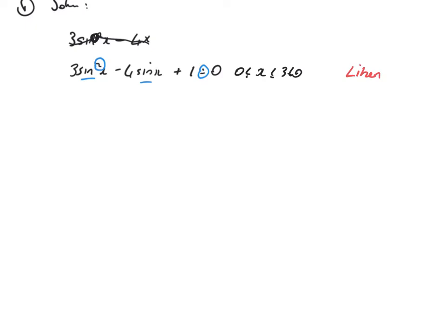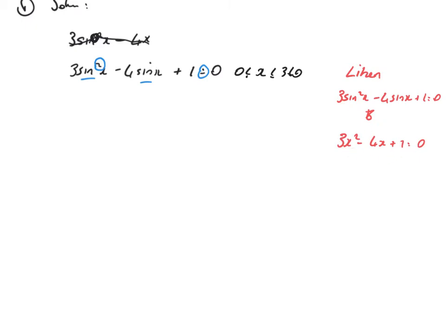Now what I'm going to do is liken 3 sin squared x minus 4 sin x plus 1 equals 0 to 3x squared minus 4x plus 1 equals 0. Hopefully you would agree that that kind of looks like that, although that's got sin x in it and that's got x.